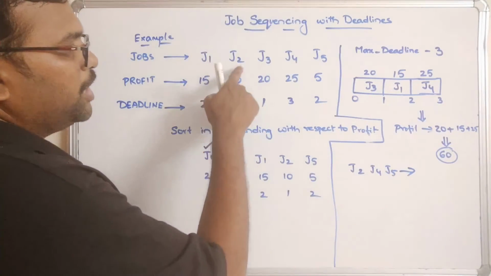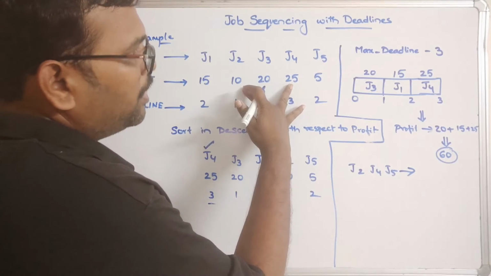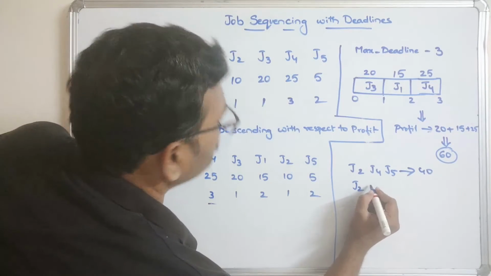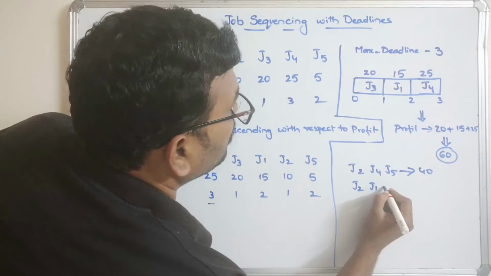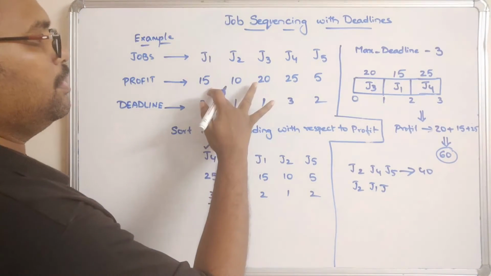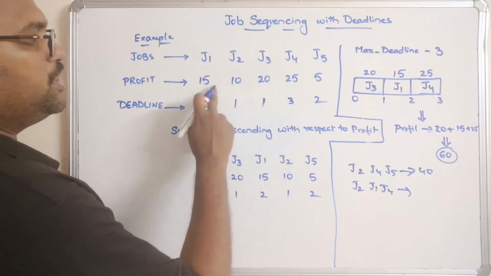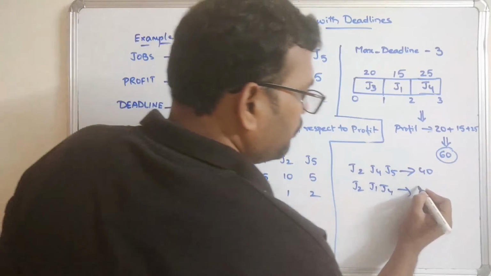What is the profit here? J2 10, J4 25, so 35, and it's a 40. And also you can go with J2, J1 and J4: J2 10, 15, 25 and 25. It will be 50.